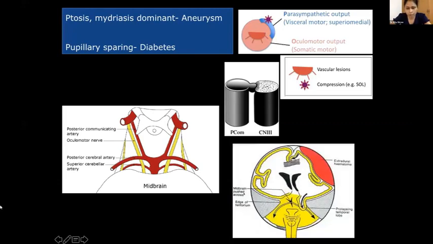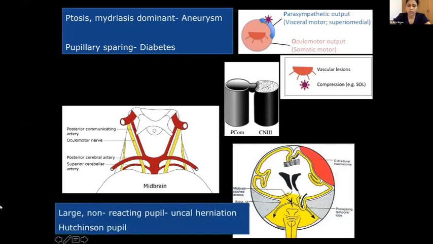The nerve goes further and it crosses medial to the uncus of the temporal lobe and the edge of the tentorium. So it is susceptible to processes which lead to raised ICP, because if there is uncal herniation, the nerve gets damaged here, and this is a very important ominous sign, and an indication to go for surgery if you find ipsilateral enlargement of the pupil.